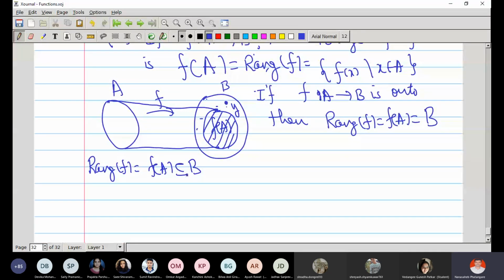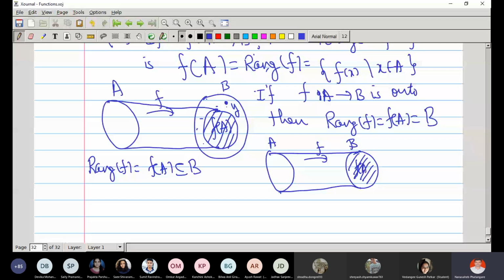If this is A and this is B and this is function f, the range is the whole of the codomain, then there is nothing outside the range, so there is no element without a pre-image.